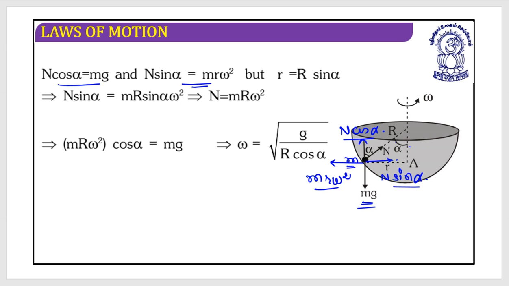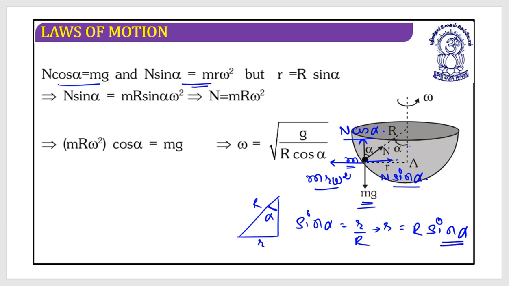But as I understand, this is the triangle, and this angle is alpha, this is capital R, this is small r. So if I take sine alpha, it's small r divided by capital R. So small r can be replaced as capital R multiplied by sine alpha.